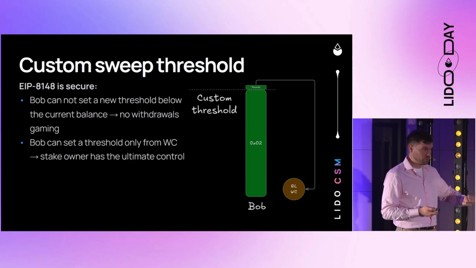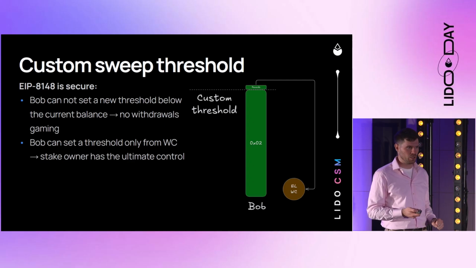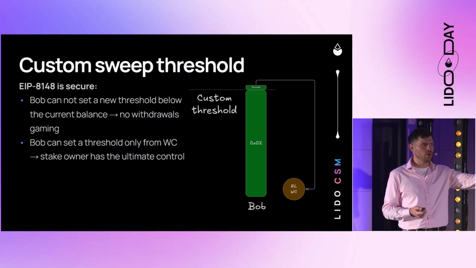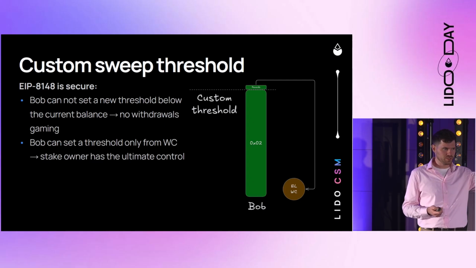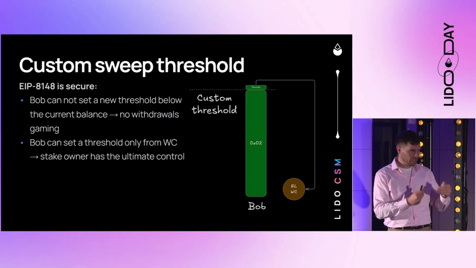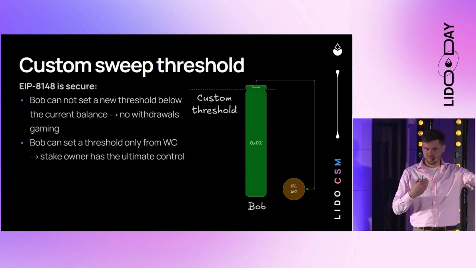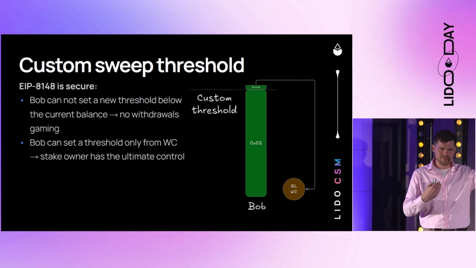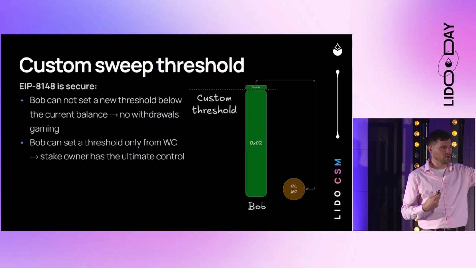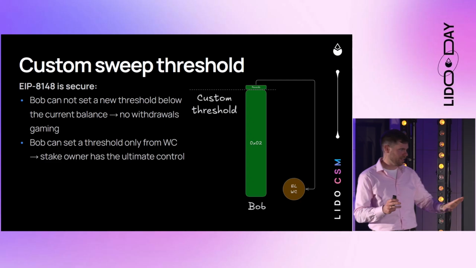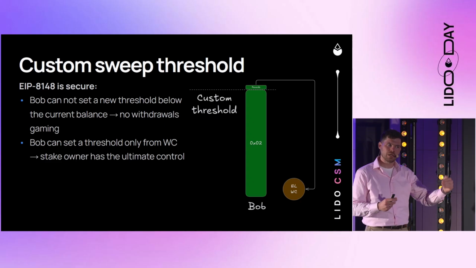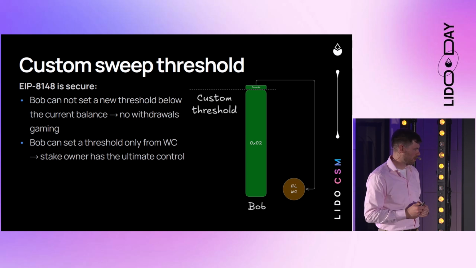What he will have to do if he wants to set a lower threshold is follow a predefined process of partial withdrawals, take place in all of the queues, withdraw the balance, and then set a new lower threshold. But no gaming here.